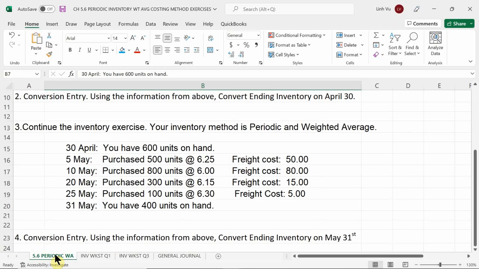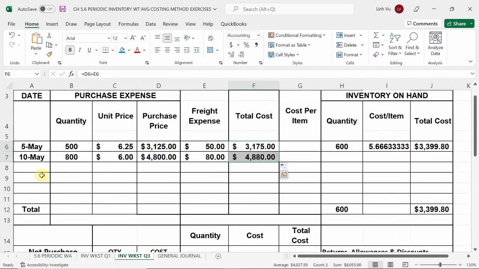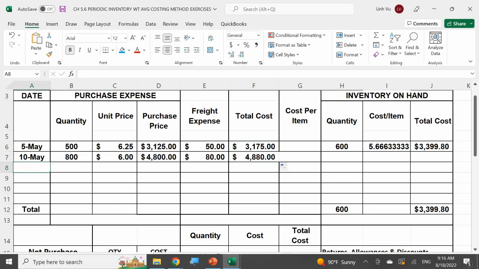All right, May 20th, we purchase another 300 units at $6.15 with freight of $15. That's 1,845, and 1,860.